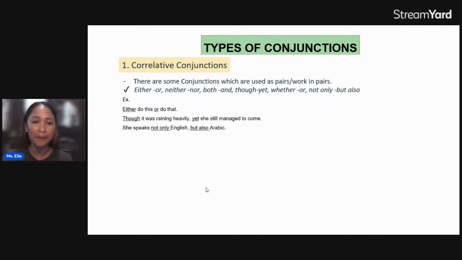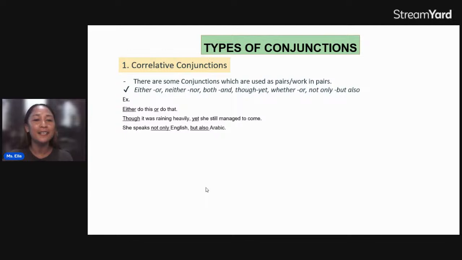Let's have some example sentences. First, either do this or do that. Next, though it was raining heavily, yet she still managed to come. And next, she speaks not only English but also Arabic.